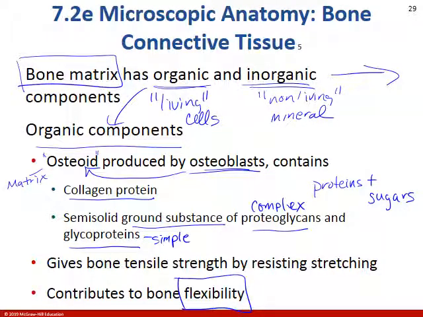It's proteins and sugars coming together. So the osteoblast makes an osteoid, and that osteoid consists of collagen and then these protein sugars. This is going to help give bones strength, but also flexibility.